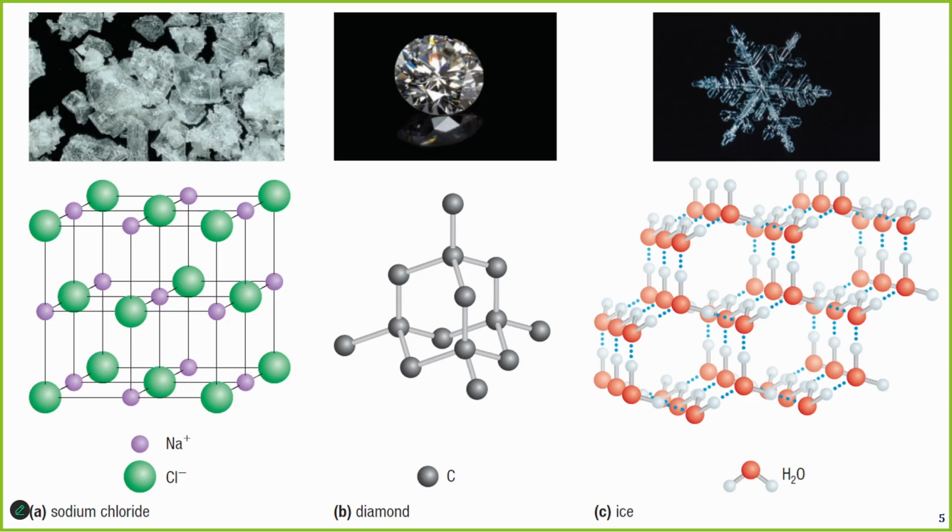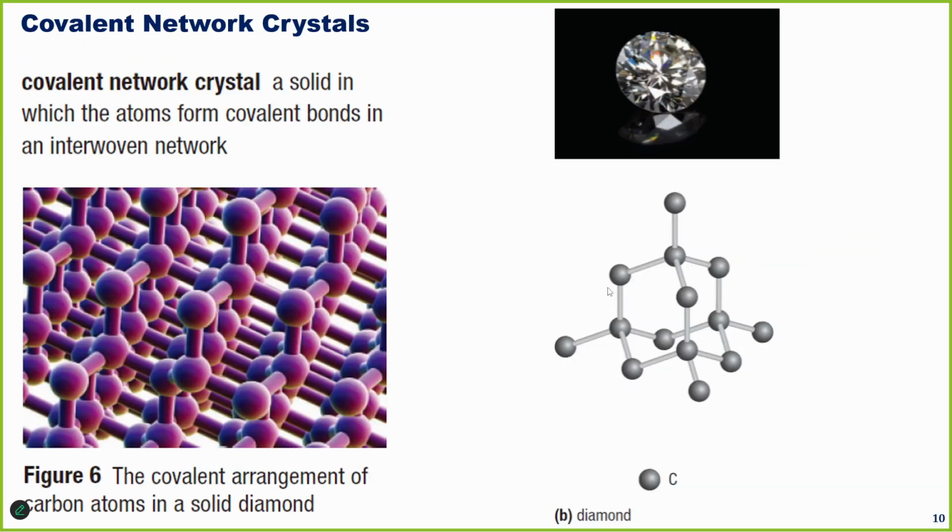We can predict some of the properties of covalent network crystals using diamond as a model. Covalent network crystals tend to have very high melting points and extreme hardness. The melting point of diamond is over 3,500 degrees Celsius.